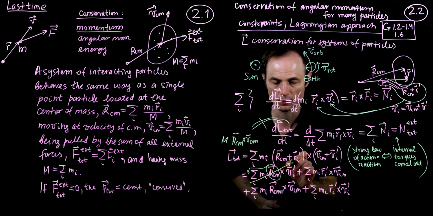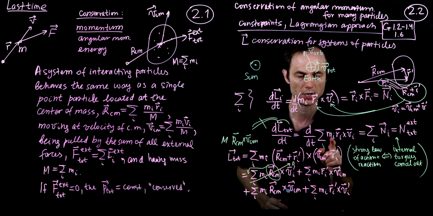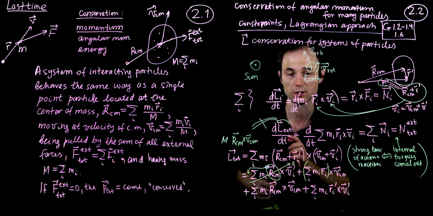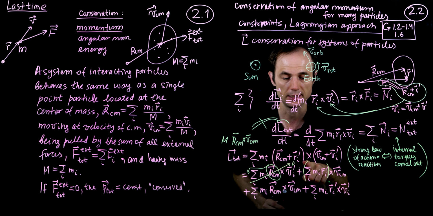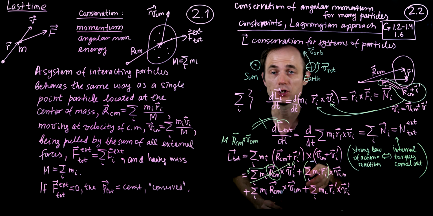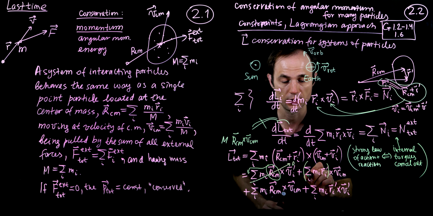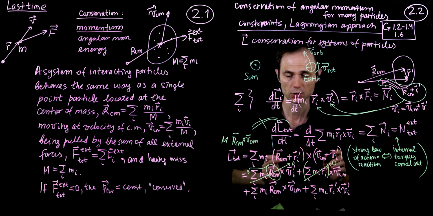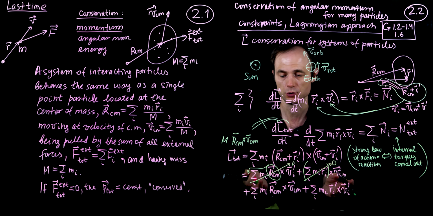So this term is going to go away. This term, here we can separate the sum out by taking out the velocity of the center of mass. And here we're going to get also 0 because by definition of the center of mass, this sum also vanishes. So it means that we are left with just these two terms.